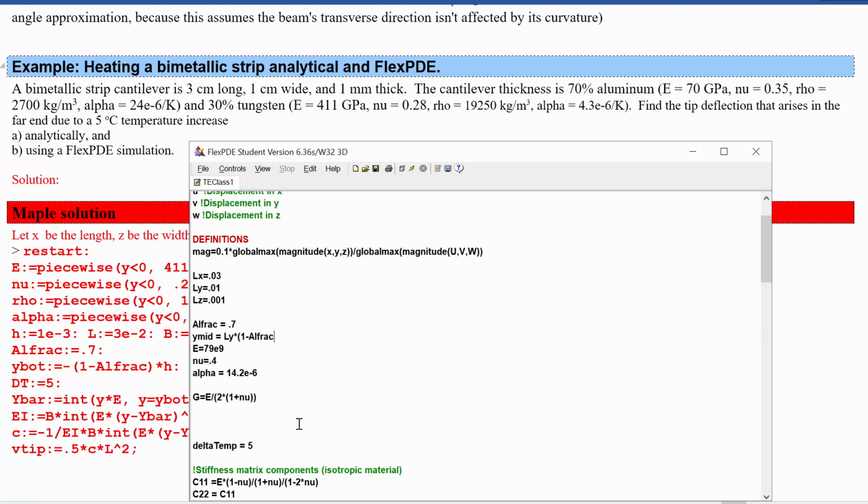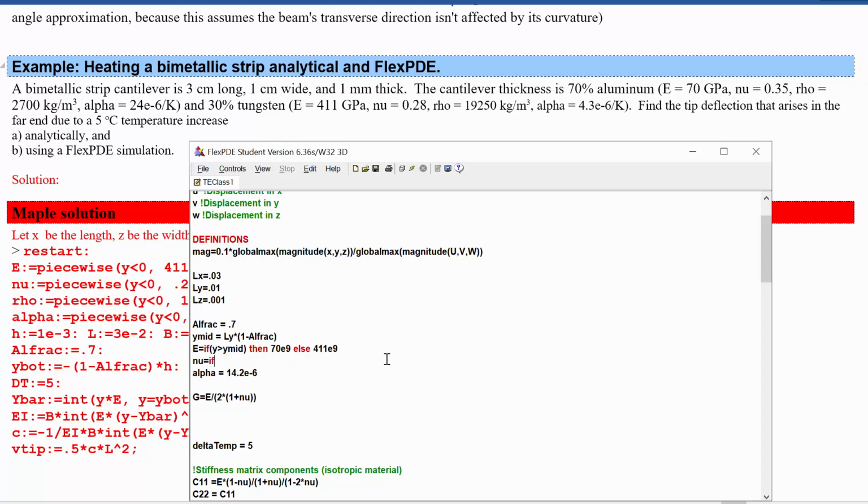AL frac as before. Then what we'll do is we'll say that E is if Y is greater than Y mid, then the aluminum parameters, so 70E9. Otherwise, it's got to be less than Y mid, so we can just use an else statement here and put in the tungsten parameters, 411E9.